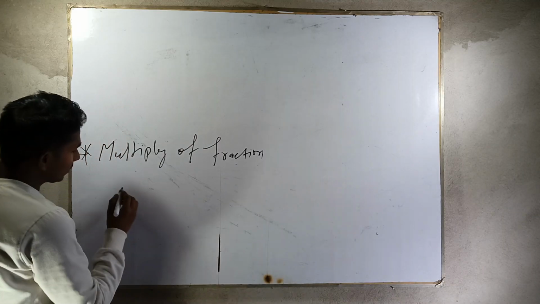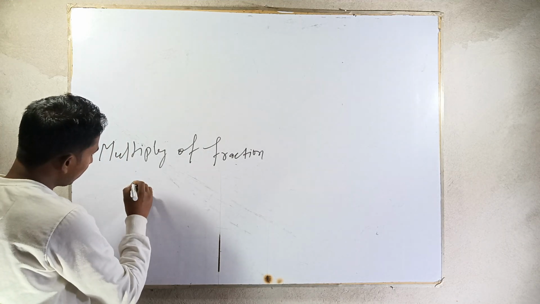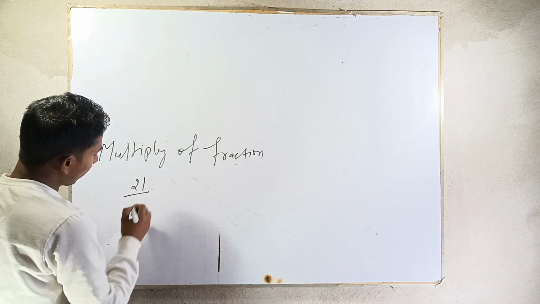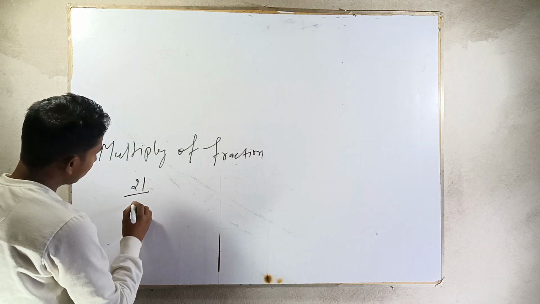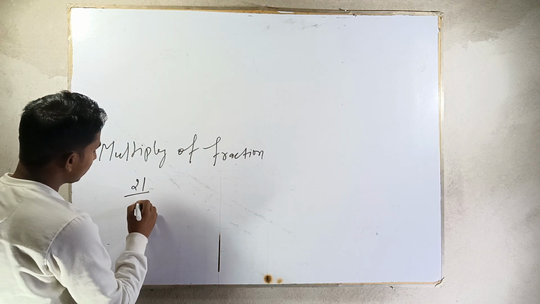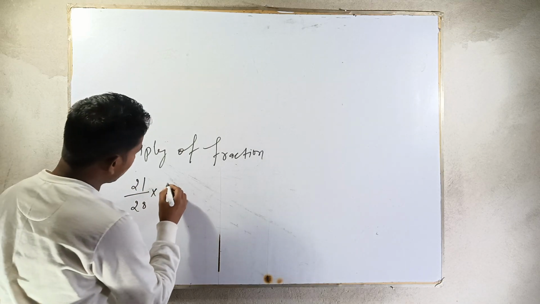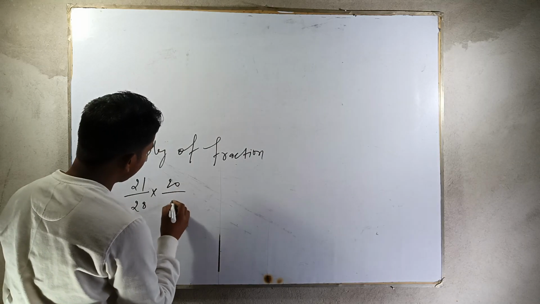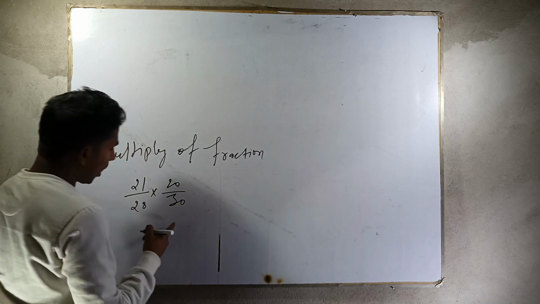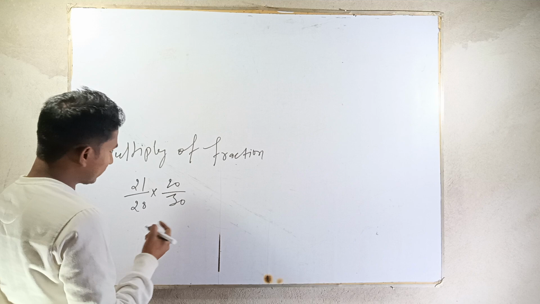Suppose this is 21 by 18, and another is 20 by 30. How do I multiply this one?